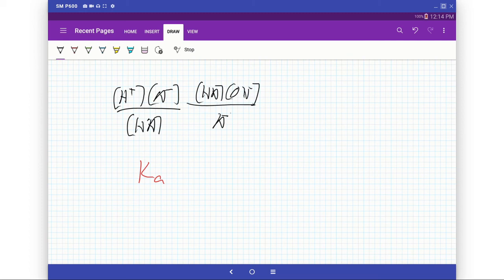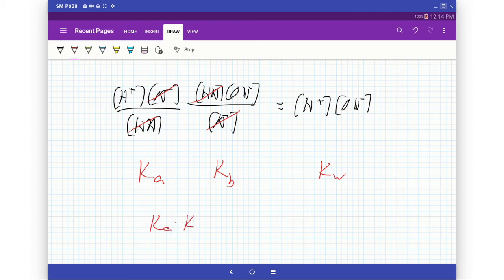This was our Kb expression, and if you follow this through, A- cancels and HA cancels, so what's left when we multiply these out is [H+][OH-], which is nothing more than Kw. So Ka times Kb is equal to Kw.